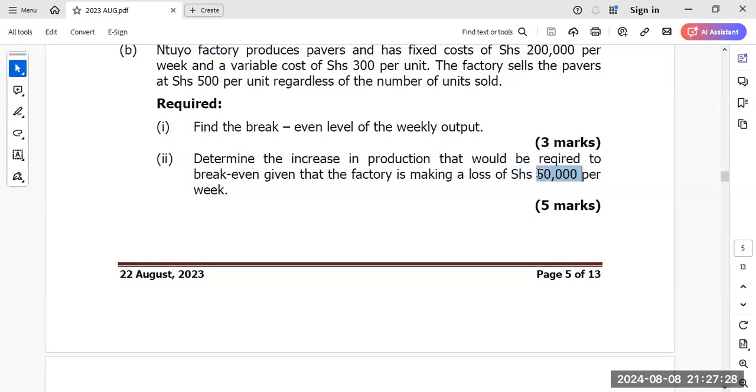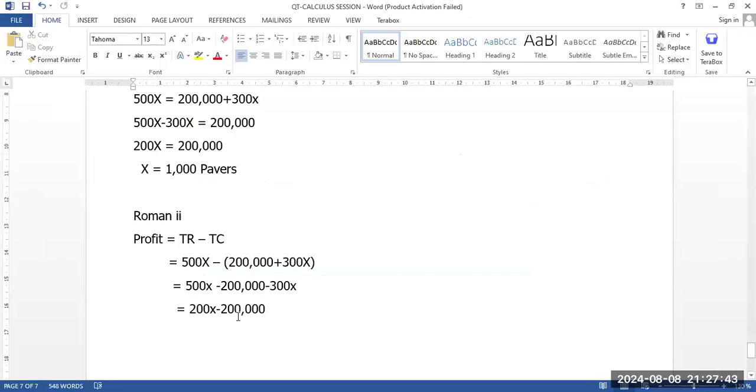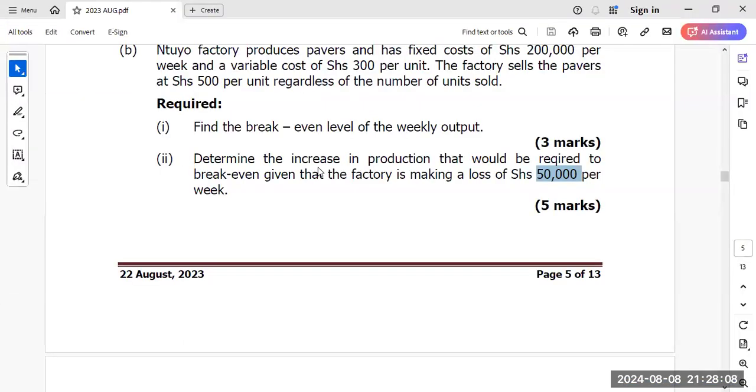So now what will happen is you equate 200x minus 200,000 to negative 50,000.